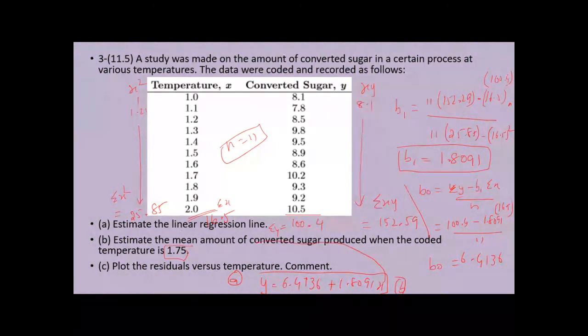This x value is 1.75. Then you will find y value is equal to 9.580. Substitute the x value as 1.75 in this regression line. You will get y is 9.580. We are done with A and B.